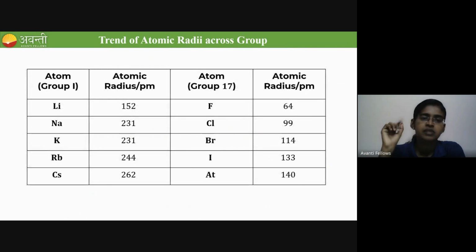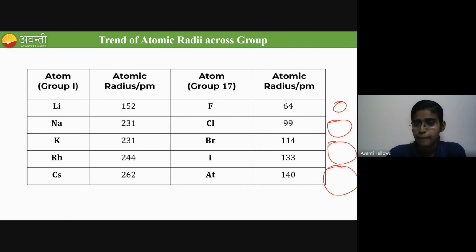If you see the trend, the values are getting increased. So on moving down the group, the size of the element increases. Atomic size increases. Got it? So across the period, it decreases, and on moving down the group, it increases.